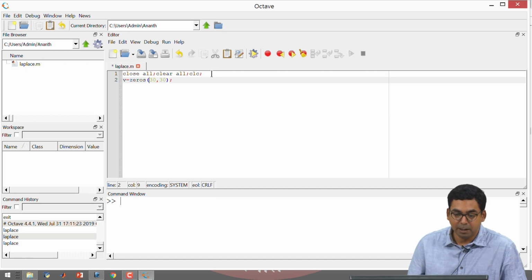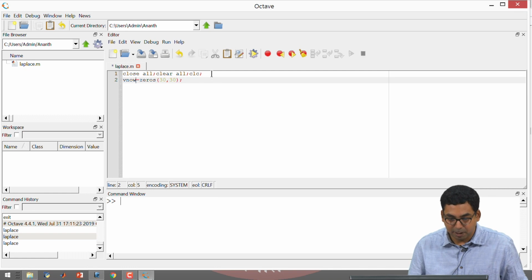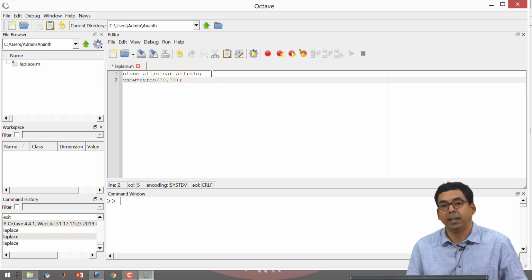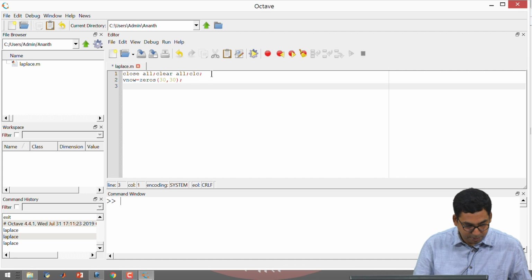So, I am going to make a distinction on the voltage, I am going to call this V now. This means that the voltage that I am calculating now in the current iteration is going to be stored in V now, and I am going to create one more voltage variable, V previous.